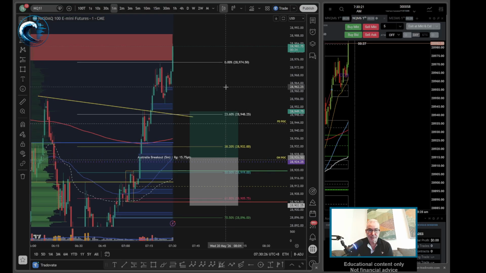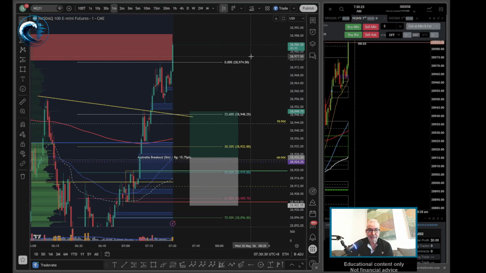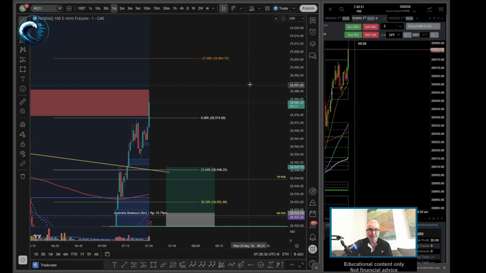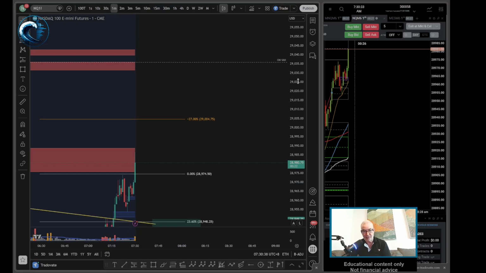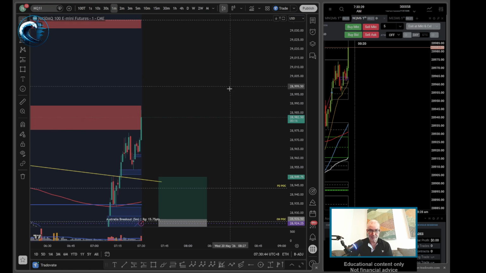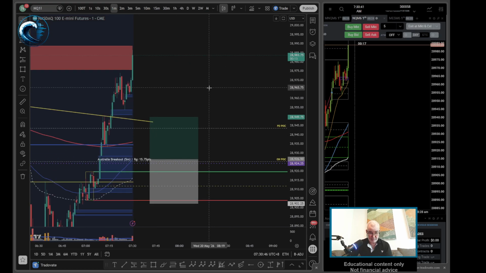Oh jeez, still going higher. If it comes down here, maybe it's just going to fucking, excuse my French, sorry. Maybe it's just going to target the overnight value high straight away. I was hoping for a bit of a bounce off this fair value gap down.